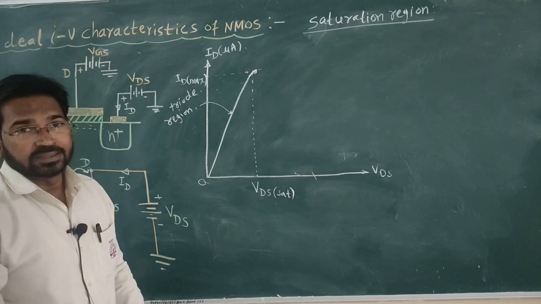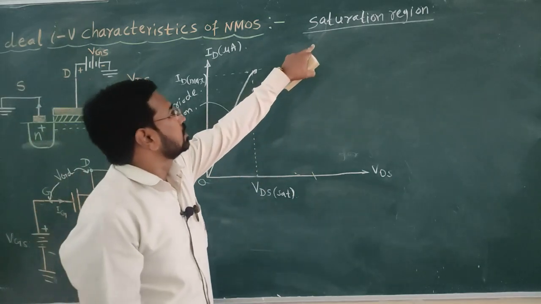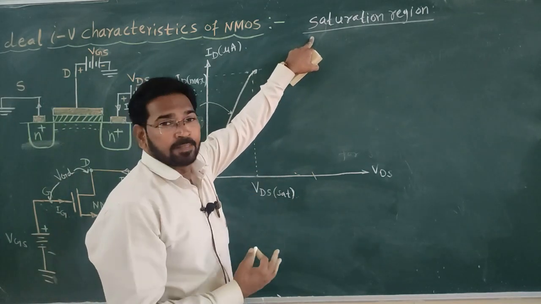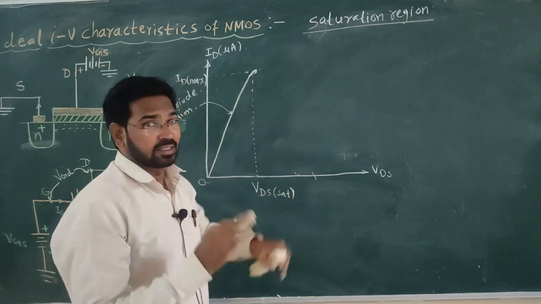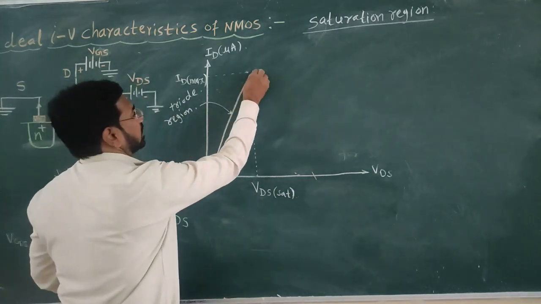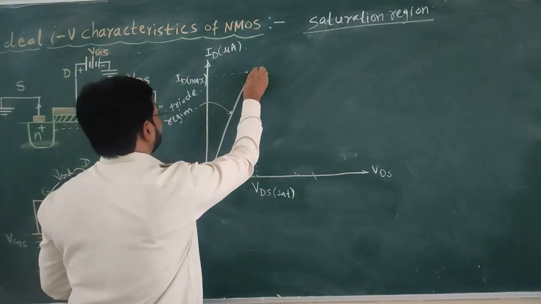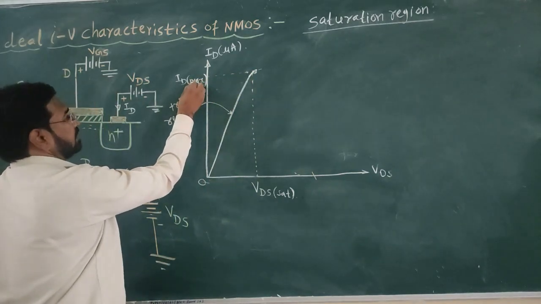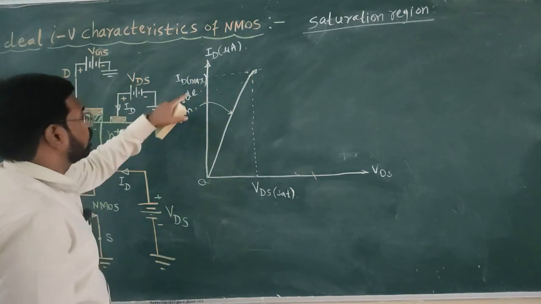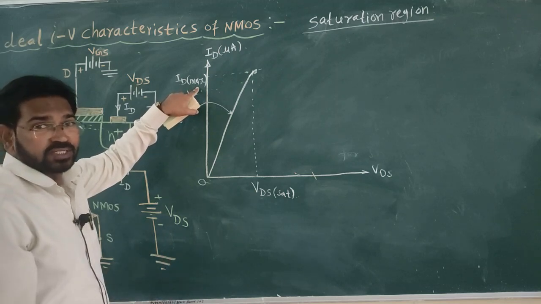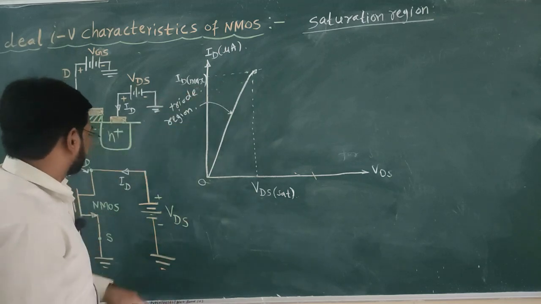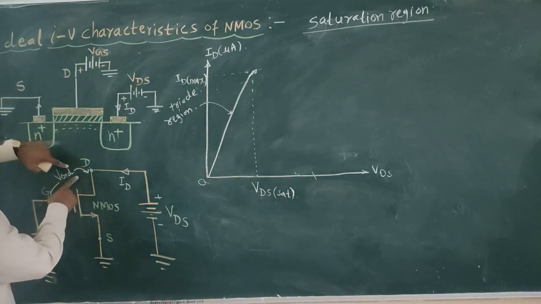What is the saturation region? Where does the saturation region start? The saturation region starts at this point. At this point it is the maximum current, ID max, but when the device is driven into saturation, that is the important one. See what happens to this gate to drain voltage.